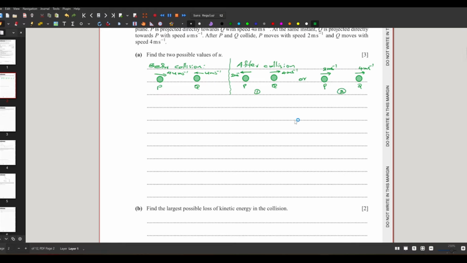Now these are collisions, so we have to consider the conservation of momentum.